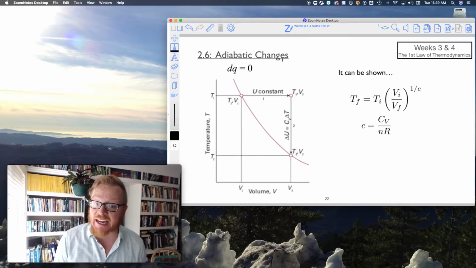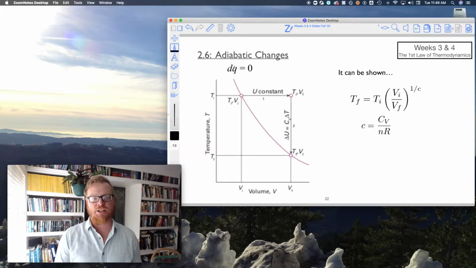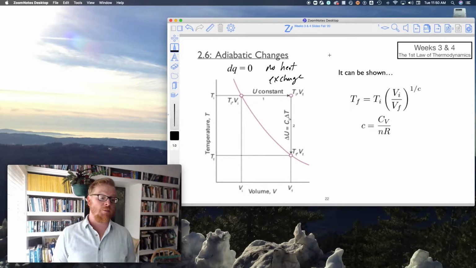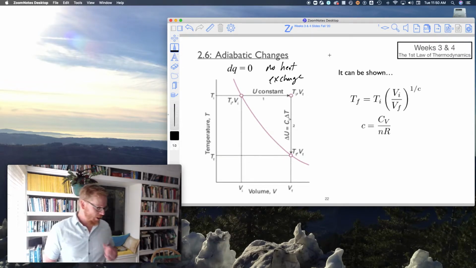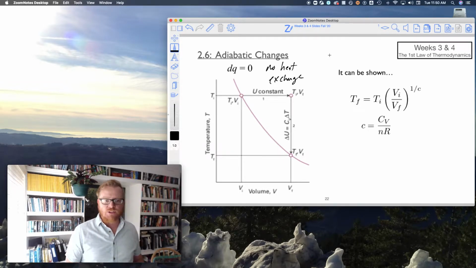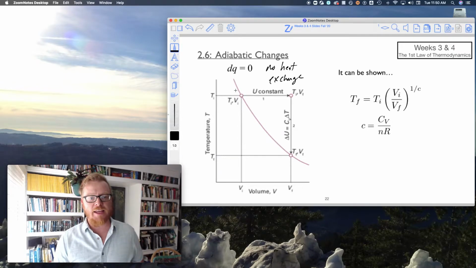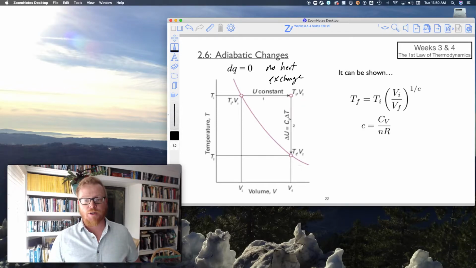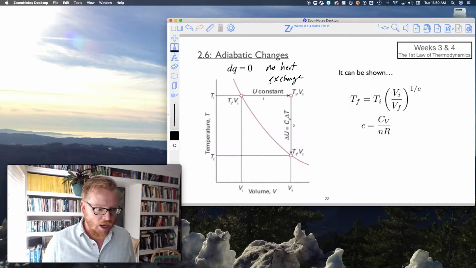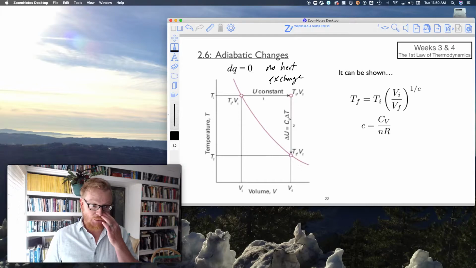So now let's discuss adiabatic changes. For adiabatic changes, we know dQ equals zero, so there's no heat exchange between system and surroundings when something is adiabatic. And that means if we are looking at, let's say, a temperature versus volume curve, and we're changing the temperature and volume of something, the work done matters.